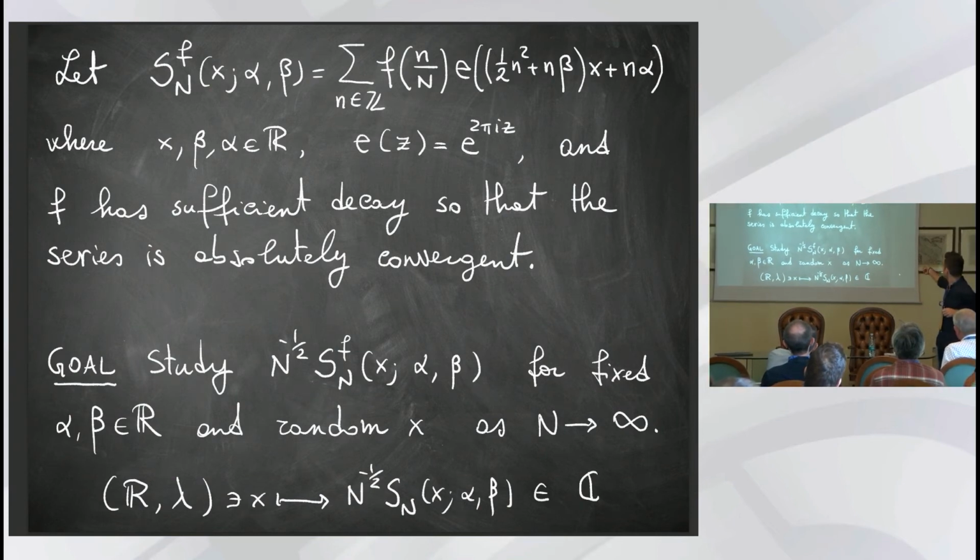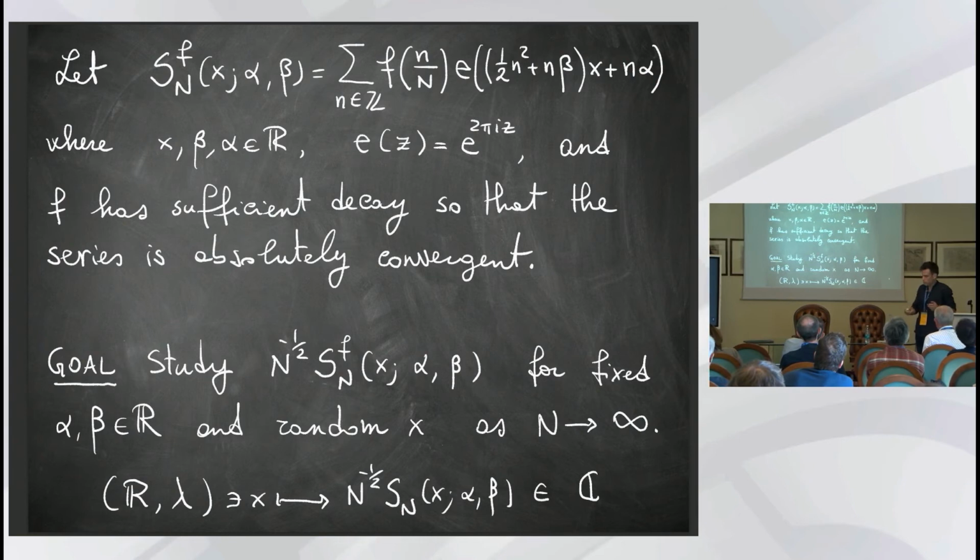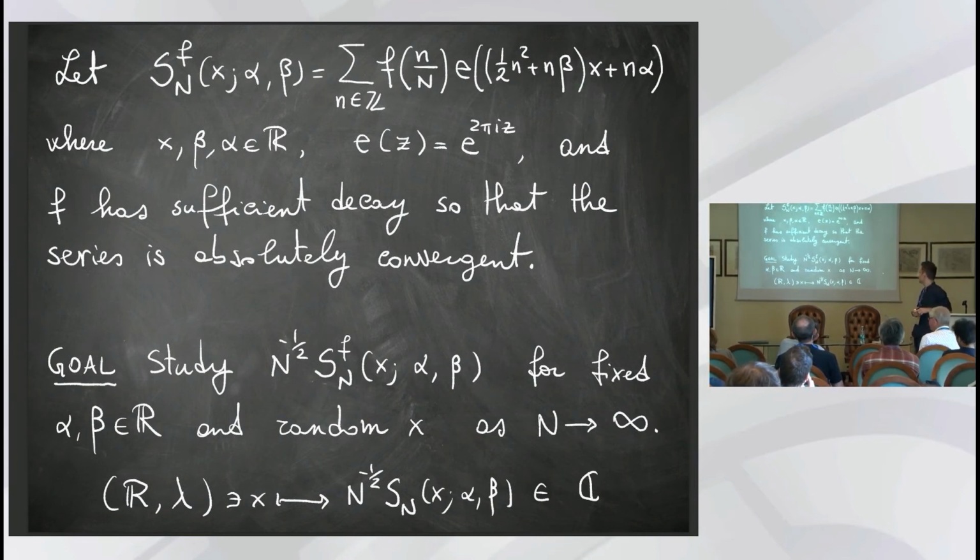If you take alpha equals 0, there are quantum mechanical systems where the eigenvalues of your operator are exactly quadratic polynomials, and if you choose f of a particular form, this expression basically represents autocorrelation functions. You can think of x in this case as time in your quantum operator. And so there is a way of representing autocorrelation functions via these exponential sums.